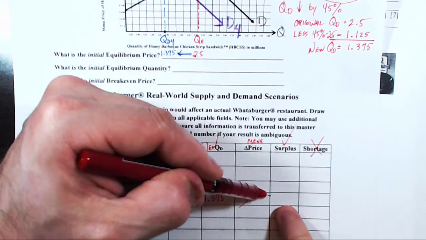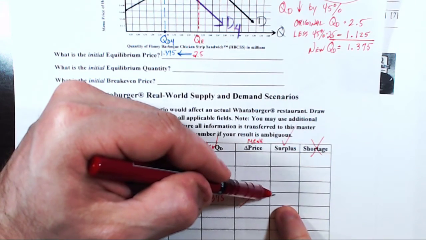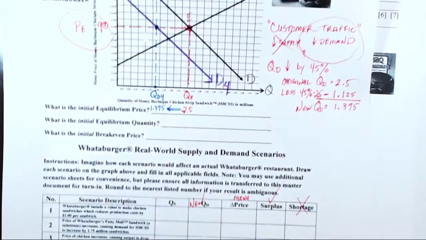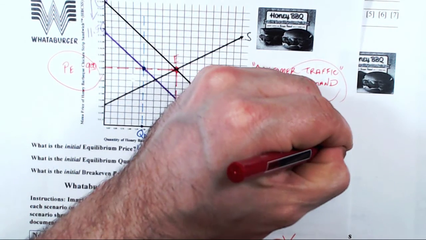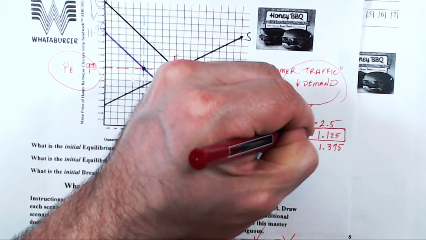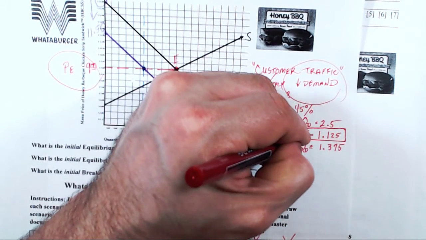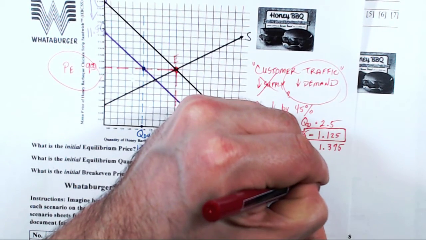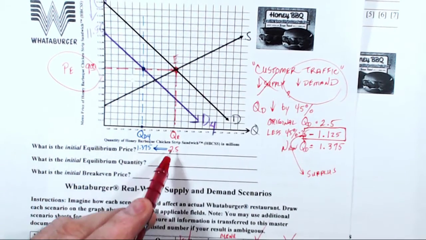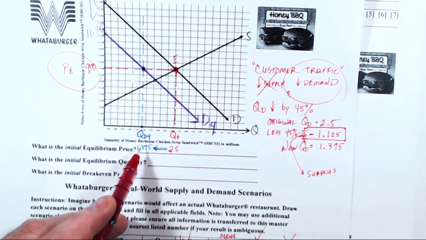And what is the total amount of the surplus? Okay, this is where your calculation is important. The change, right there, that's the surplus value. It's the difference between the original quantity supplied and the quantity demanded.